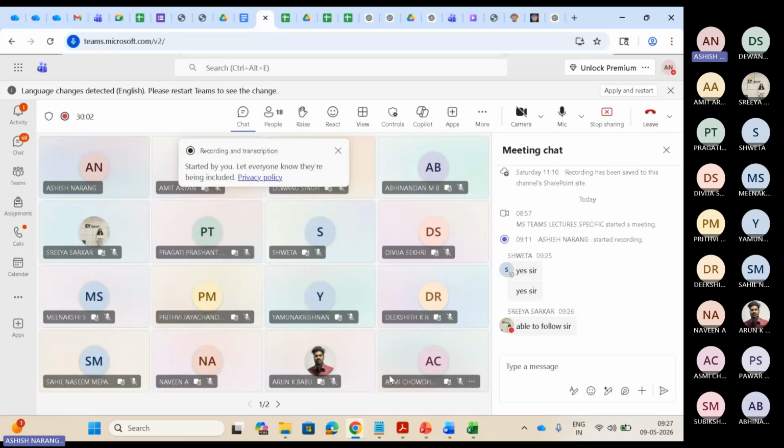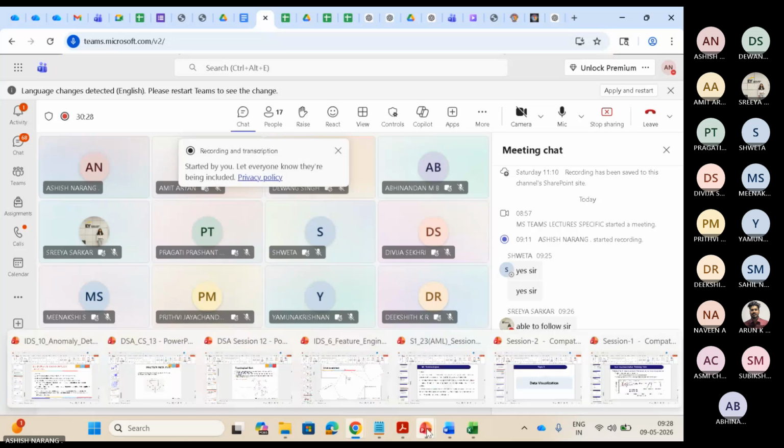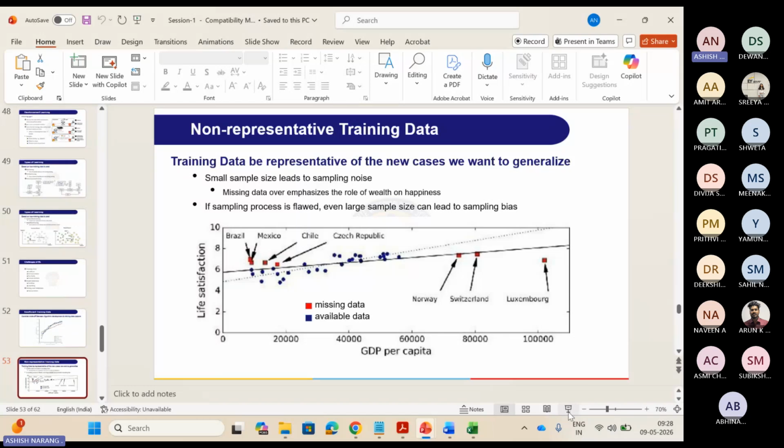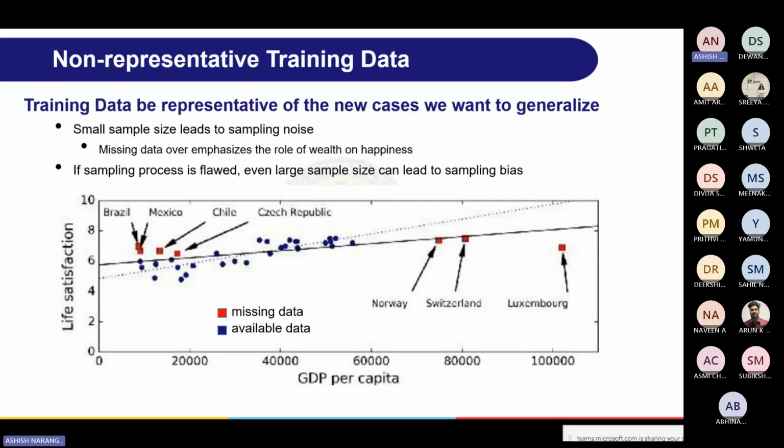This way I cannot proceed further. Some 15, 18 people have joined. Why have you joined when you cannot respond? It's a two-way thing, right? It's not a one-way thing. And you also cut the faculty's flow.